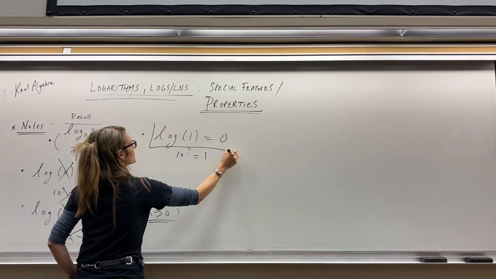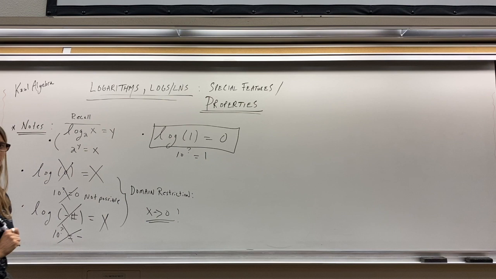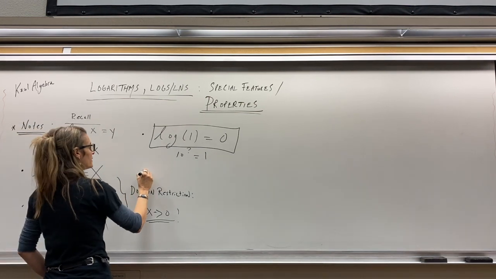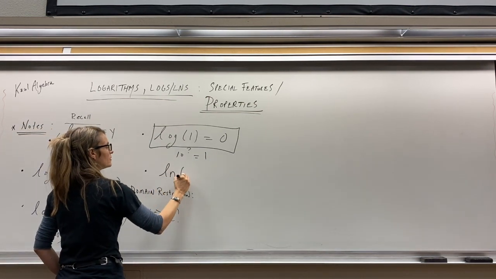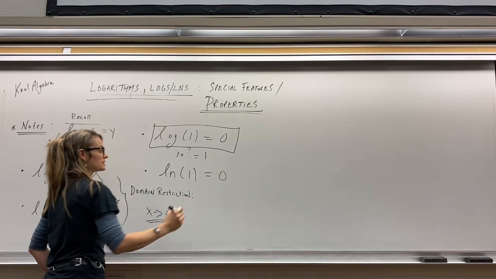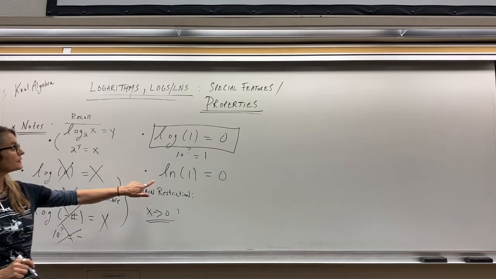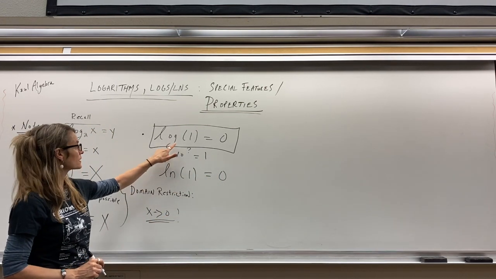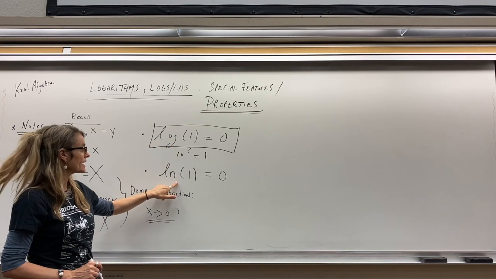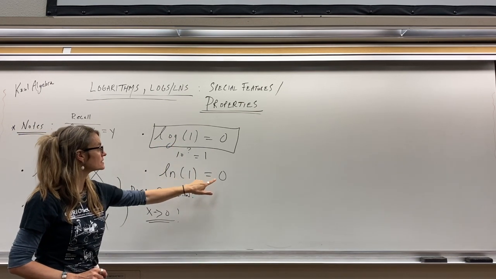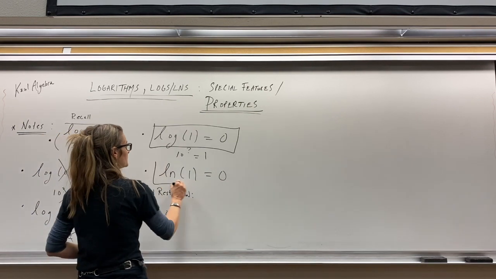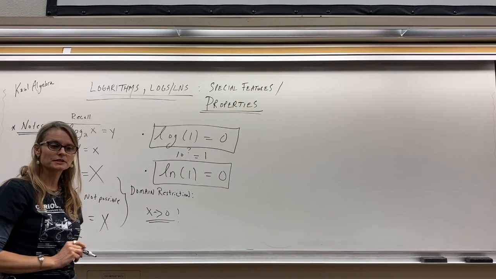So the log of 1 is always equal to 0, and hence the ln of 1 is also equal to 0 by the same reasoning. The only difference between our natural log and our log is the base. Natural log has a base e, so e to the 0 power equals 1. These are two facts that are really good to know.